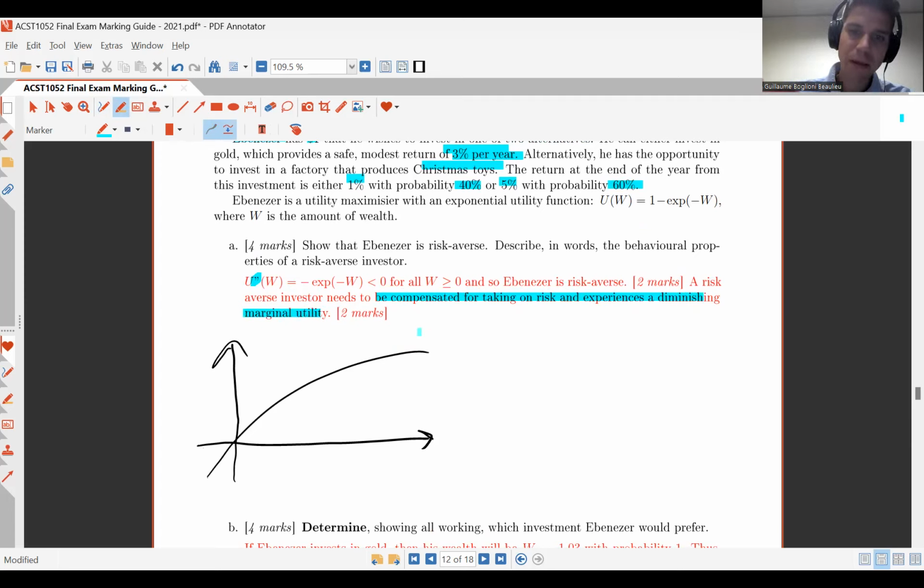We might have said, between two options, one which is a fixed amount of dollars, let's say X dollars, and the option where you might have variable wealth, and on average, so the expected value of this wealth is X dollars, the risk-averse investor prefers the fixed X dollars. But of course, it becomes more complicated if there's a variable amount of wealth that on average is worth more than X dollars, then maybe this person would prefer this option compared to a fixed X dollars. Then you need to make the calculations.